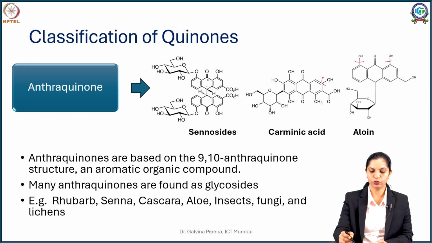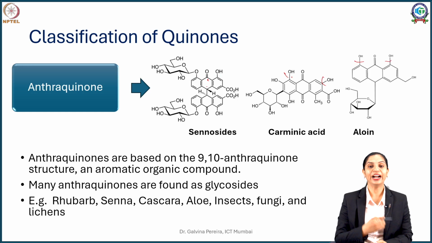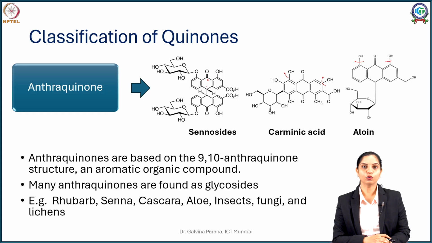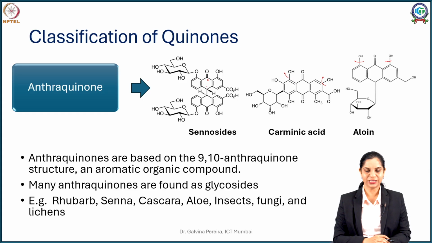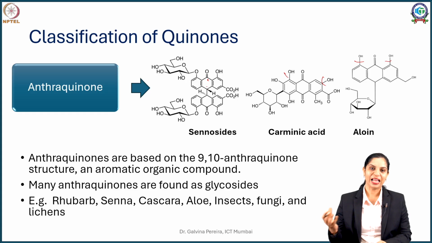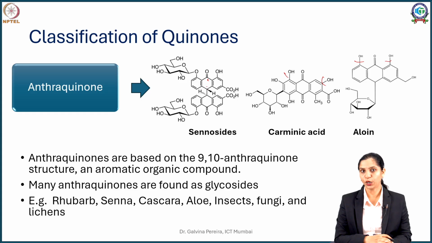So mostly your quinones will have some hydroxy substitution due to the ketone of acetyl CoA getting reduced, and sometimes even the hydroxyl being added. Now because of the hydroxyl being added, the majority of the quinones also add a sugar moiety and are converted into glucosides. A good example of anthraquinone containing drugs is your rhubarb, senna, cascara, aloe.